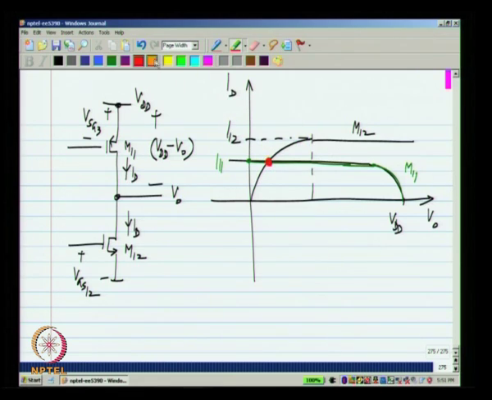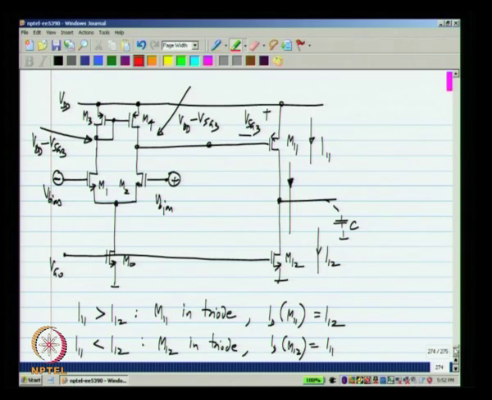Similarly, if M11's characteristic happen to be something like that, that is I11 happens to be more than I12, then M11 will go into triode region. So, one of these two will be in triode region if I11 is not equal to I12.